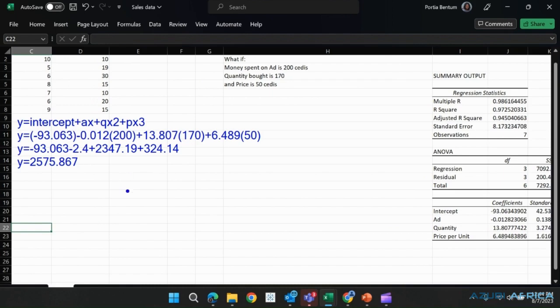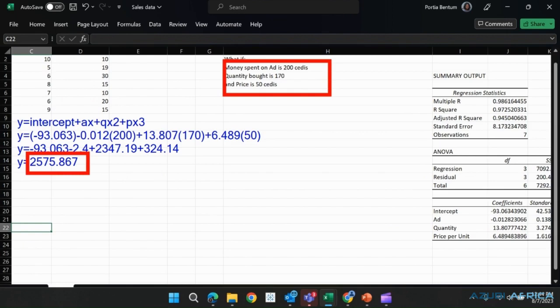What this means is that anytime you spend 200 cedis on advertisement for a product, and the quantity bought for that product is 170, and the price of the product is 50 cedis, you are going to get total sales of 2,575.867 Ghana cedi. That is the total amount that you are going to get from sales.